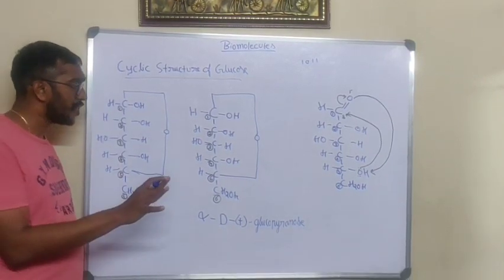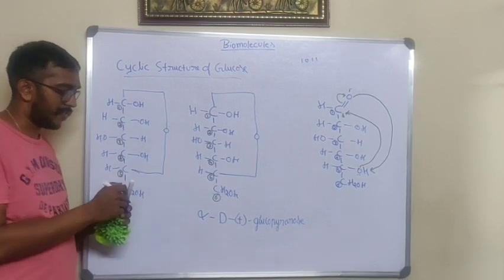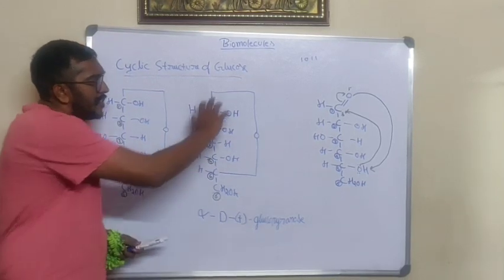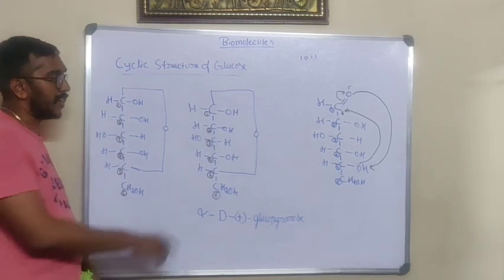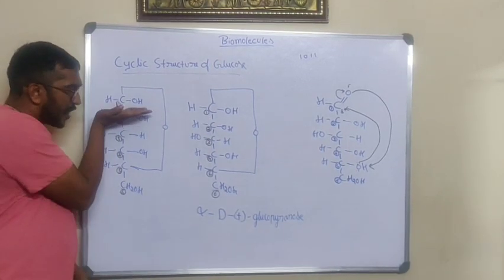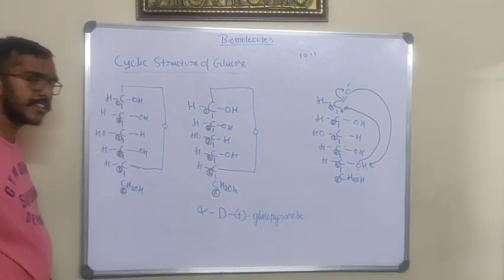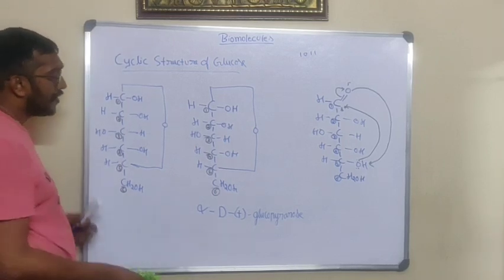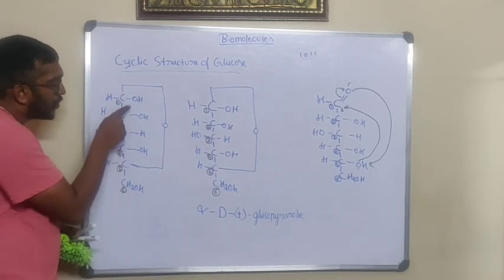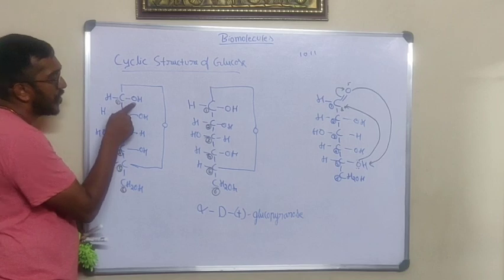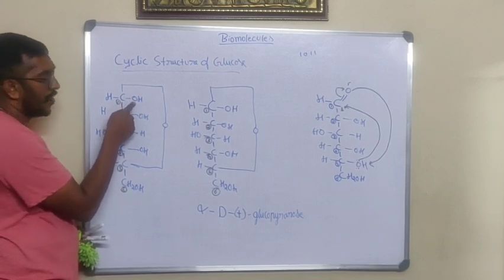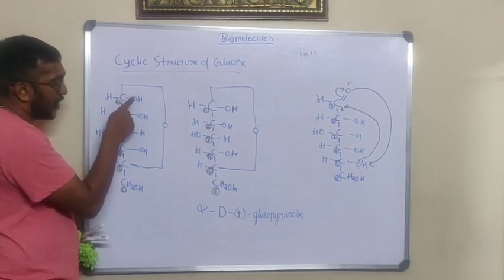Now listen carefully. Inside the cyclic structure, the OH group is on carbon 1. So now concentrate on carbon 1. Rest everything is the same. So what I will do is change the position of the OH group.